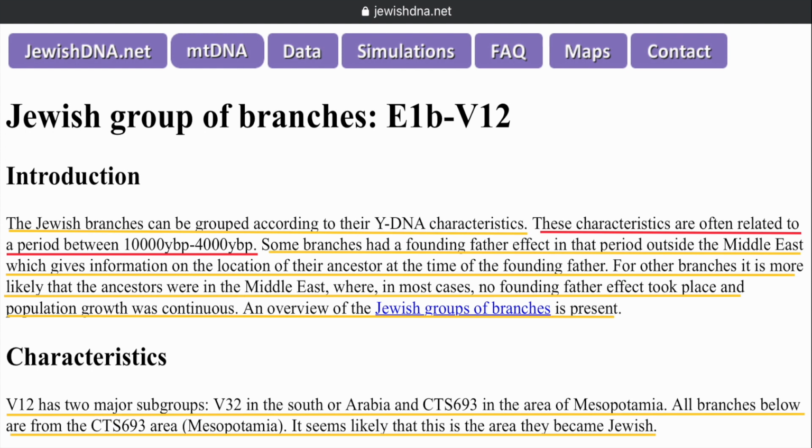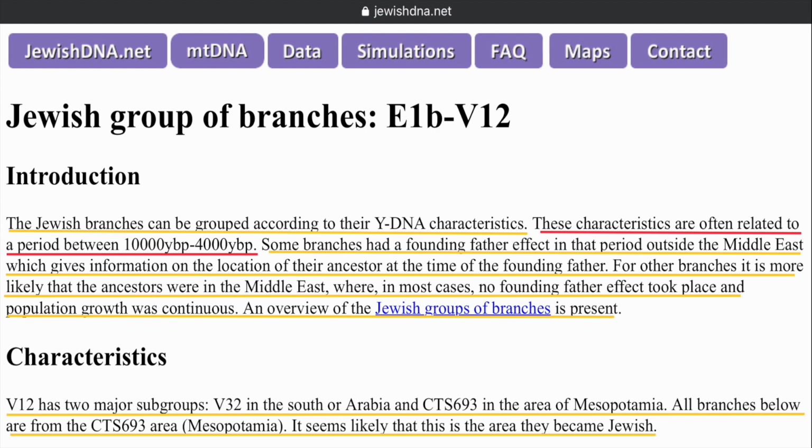Some branches had a founding father effect in that period outside the Middle East, which gives information to the location of their ancestor at the time of the founding father. For other branches, it is more likely that the ancestors were in the Middle East, where, in most cases, no founding father effect took place and population growth was continuous. An overview of the Jewish groups of branches is present.